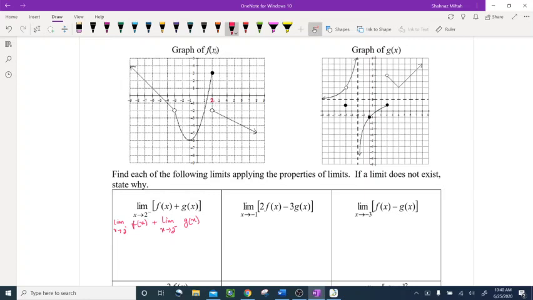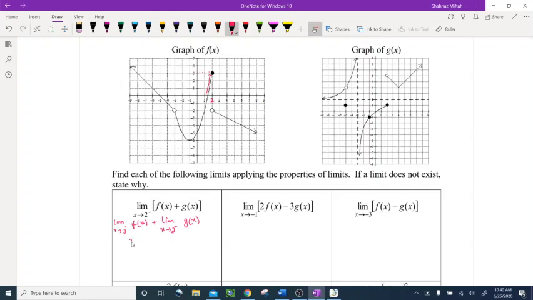Please make sure that you check this before you start taking limits, because most of the time, if it's different, then your whole answer is going to be wrong. Graph of f of x, and this is 2, and I'm approaching from the left. So this is the left side of 2. And the graph I have on the left that is approaching 2, what is the y value? The y value is 3.